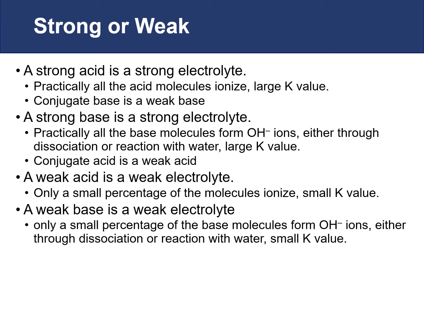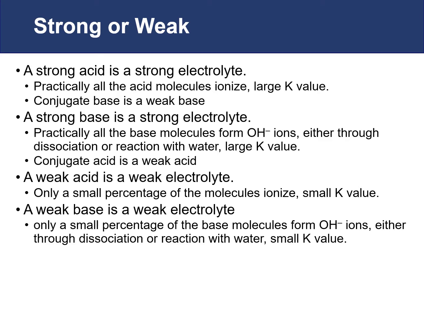For a strong base, it's also a strong electrolyte, because the term strong means that the equilibrium constant favors the formation of the products. So practically all the base molecule will form hydroxide ions if it's in an aqueous solution, either through dissociation itself, in the case of sodium hydroxide, NaOH, or it will react with water to accept one of the hydrogens from water to give you a hydroxide ion.